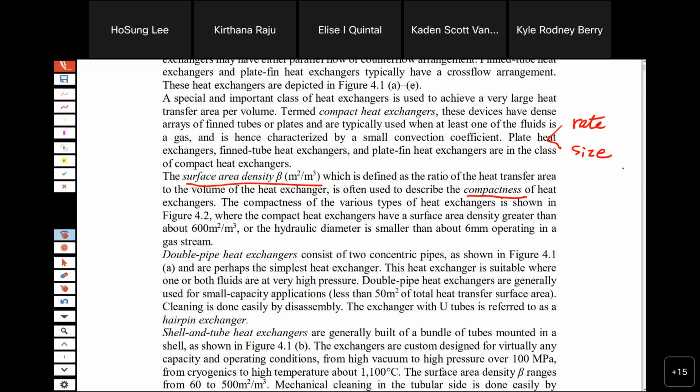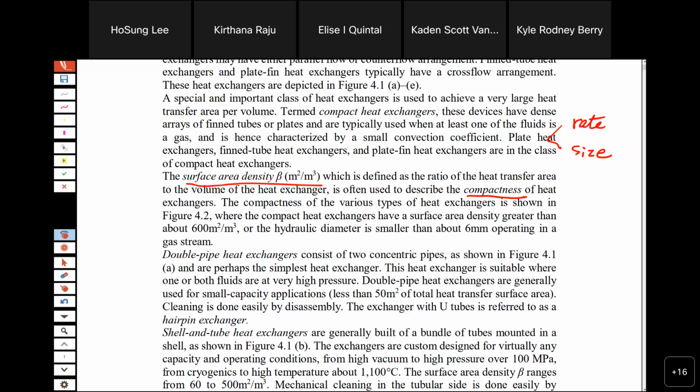But in this chapter, we discuss the size. You will see that it's very time consuming sometimes, but we have to understand what size is.